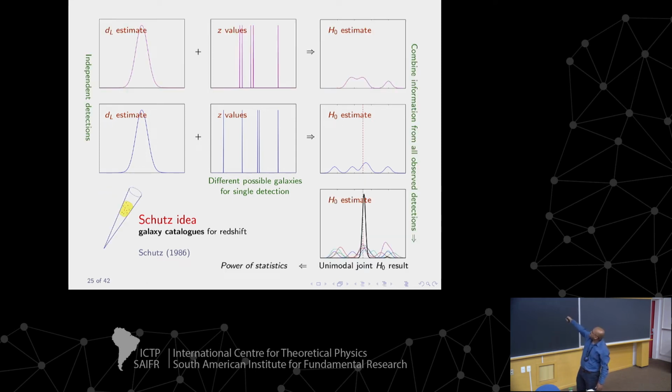If one stacks up many, many such events, then for all of these H0 estimates, one of the peaks is expected to be at the correct location, while all the peaks coming from the incorrect associations are expected to be at random locations. So if one stacks information up from many observed detections, then one would be driven to a joint unimodal result, even though the individual estimates are not informative. This is essentially how this method is supposed to work.